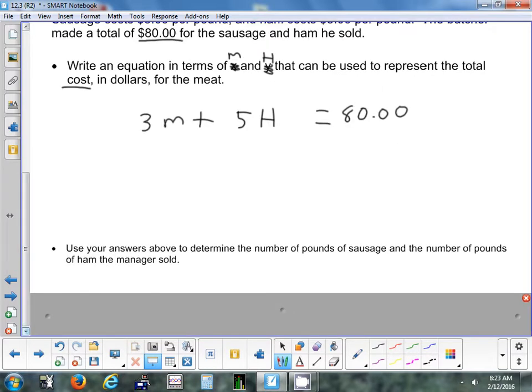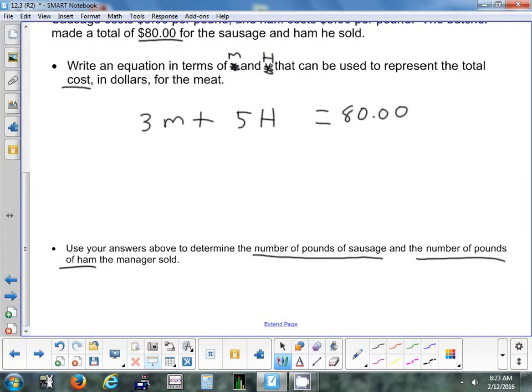Use the 2 answers we had up above to determine exactly how many pounds of sausage and how many pounds of ham the butcher sold. So now when we're done, we're going to say he sold exactly this many pounds of sausage and this many pounds of ham.